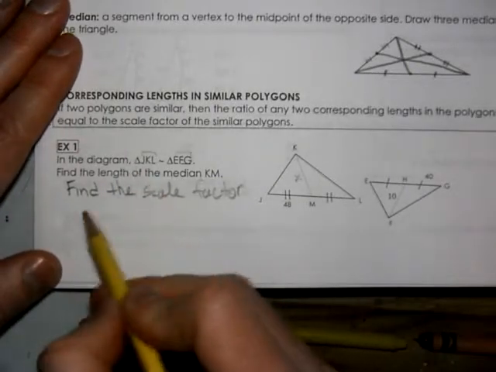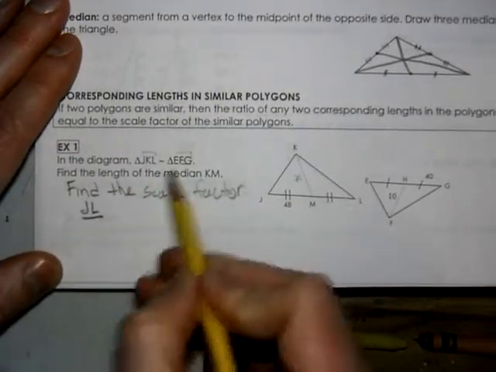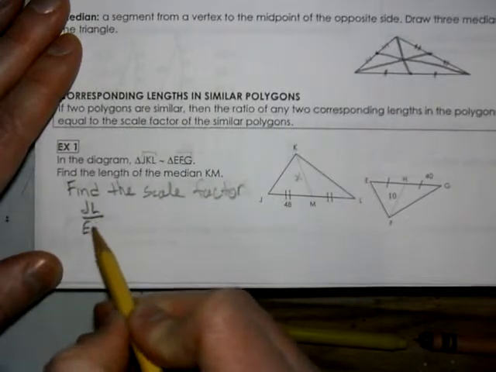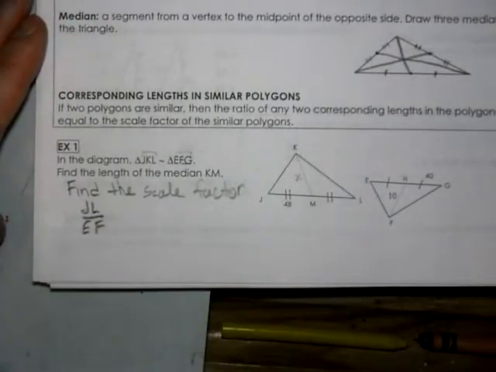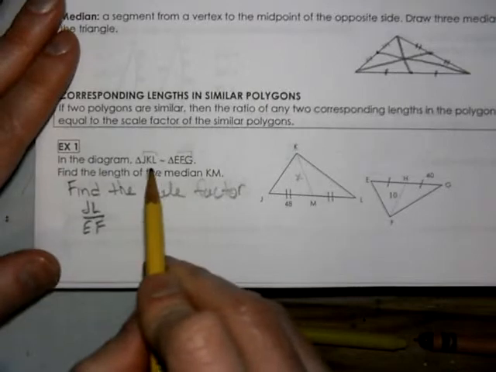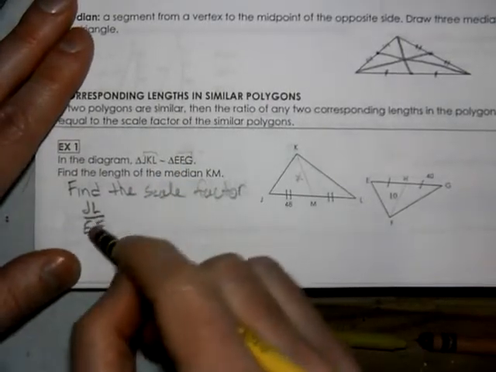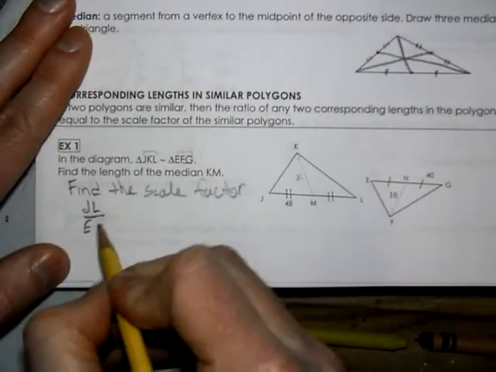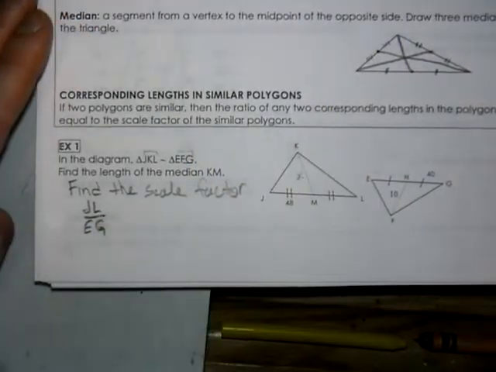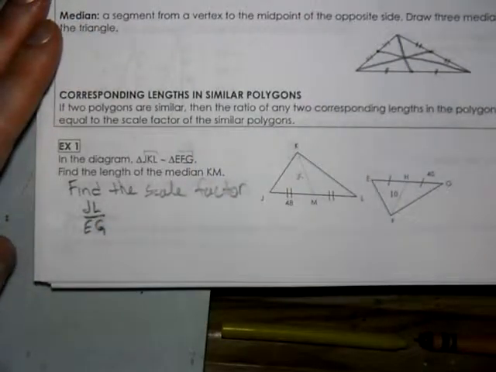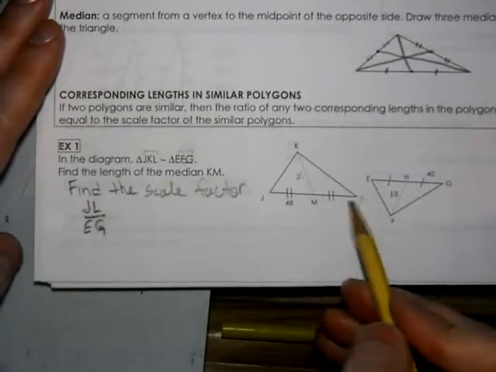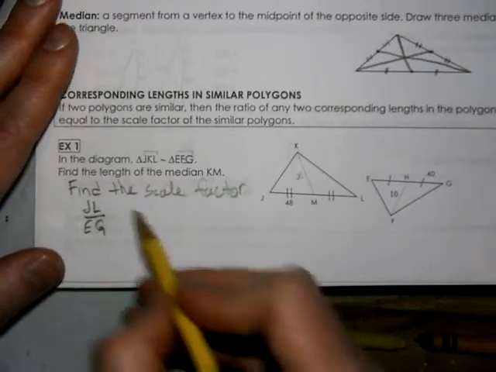So we're going to say JL over EG. Sorry. So JL, well, that would be the whole length.